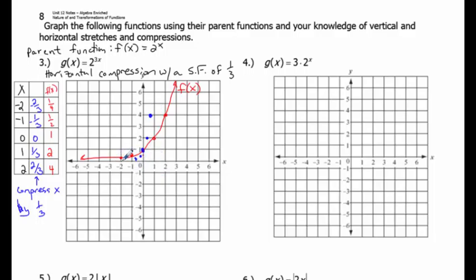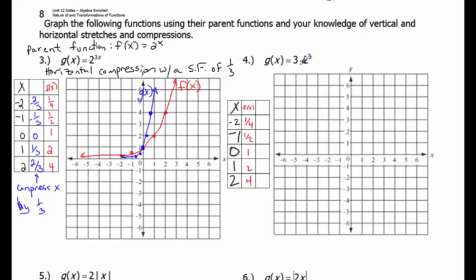And as best you can, connect with a smooth curve. And let's label this g of x. So as you can see, the original f of x function has been compressed from both sides. Scale factor of 1/3, and there is our new function.